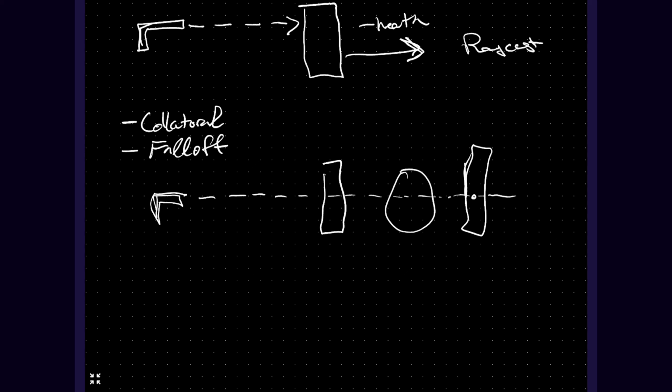The key thing to think about when creating a system like this is, one, how transparent are all these objects? We'll set up a little value for each object to say how transparent it is, and these transparency values will decrease the bullet power.